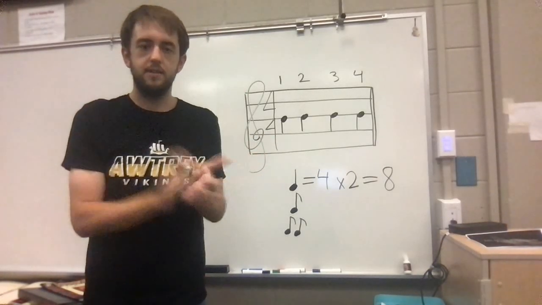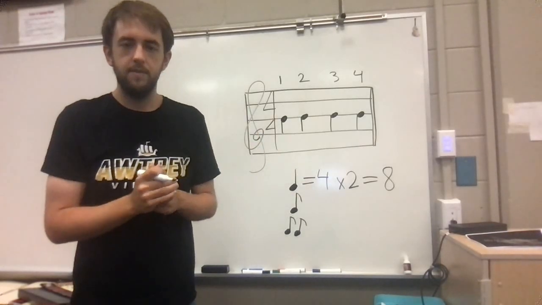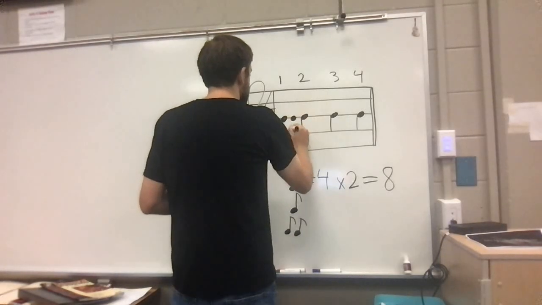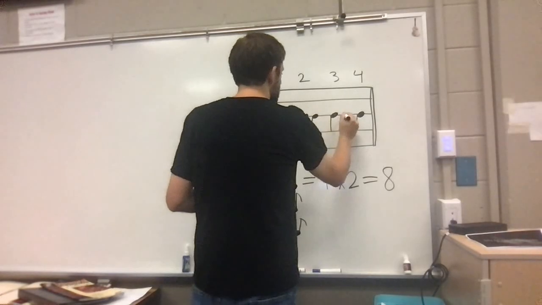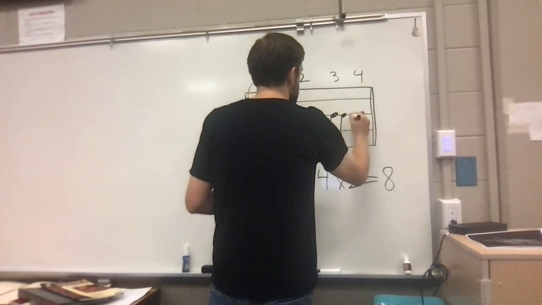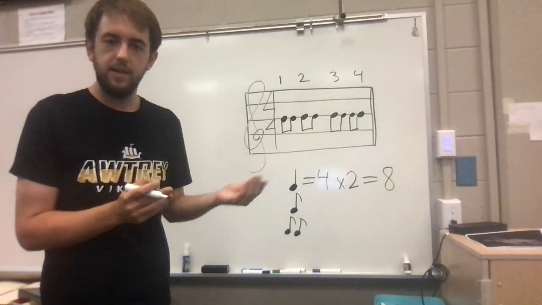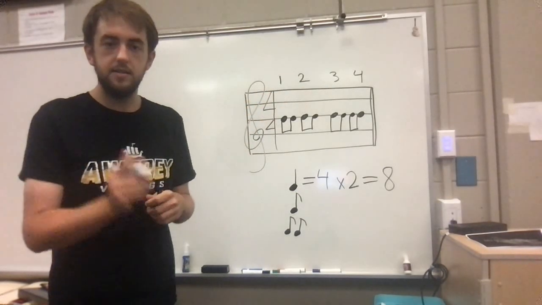Da, da, da, da. Right with it. Everyone's right with the beat. But if we change them to 8th notes, now it's a little bit different. How do we count that? The 1, 2, 3, 4 doesn't look like it still applies.